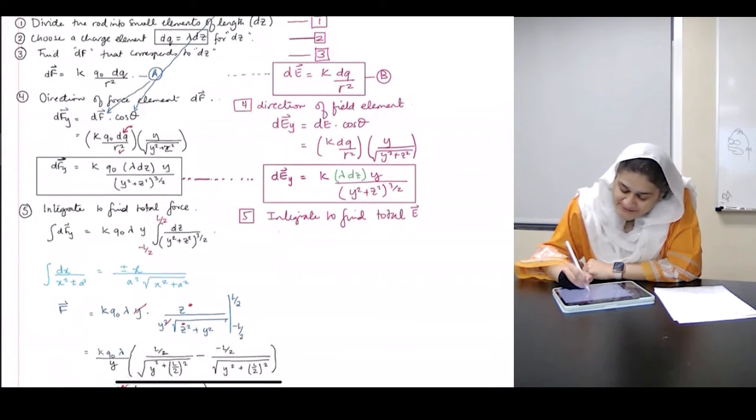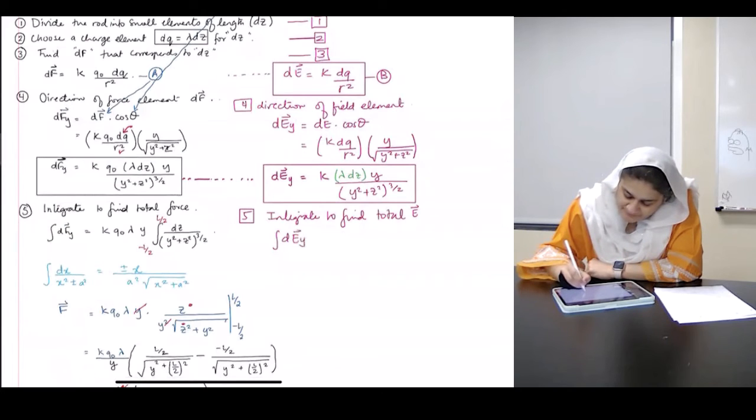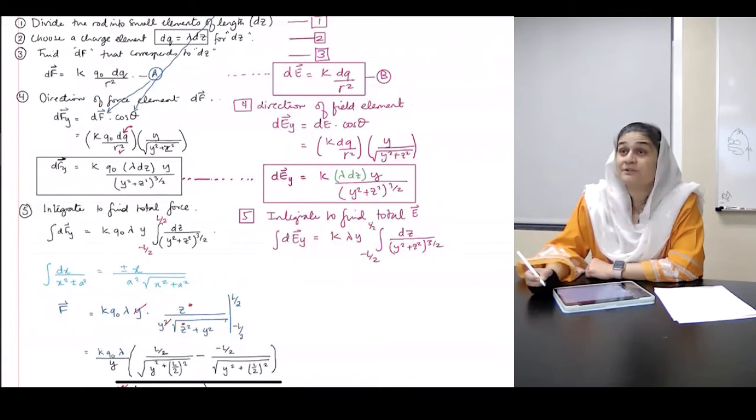And so following the same steps, it will be dEy equals k lambda y integration dz divided by (y squared plus z squared) to the 3/2, from minus L over 2 to L over 2.